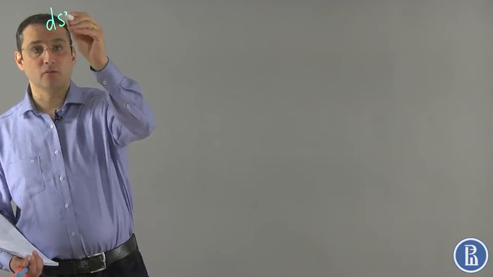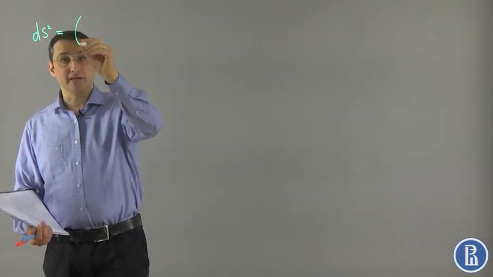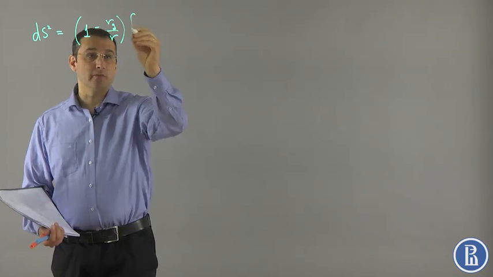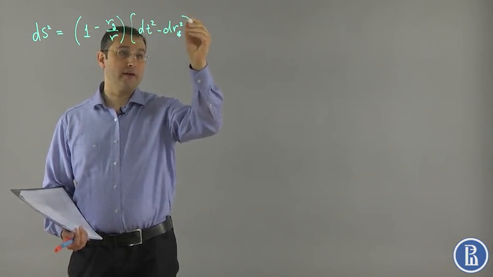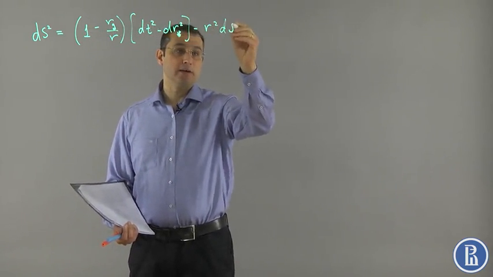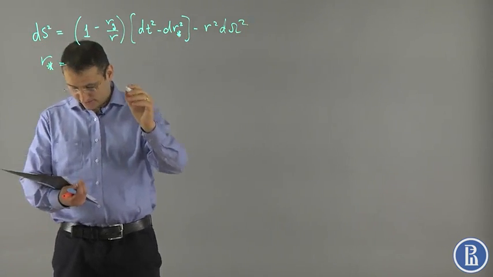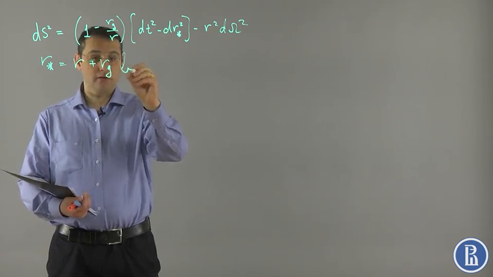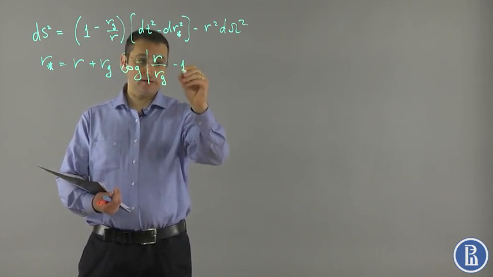We have rewritten the Schwarzschild metric in this form: dt squared minus dr star squared minus r squared d omega squared, where r star is a tortoise coordinate, equal to r plus rg log of r divided by rg minus 1.